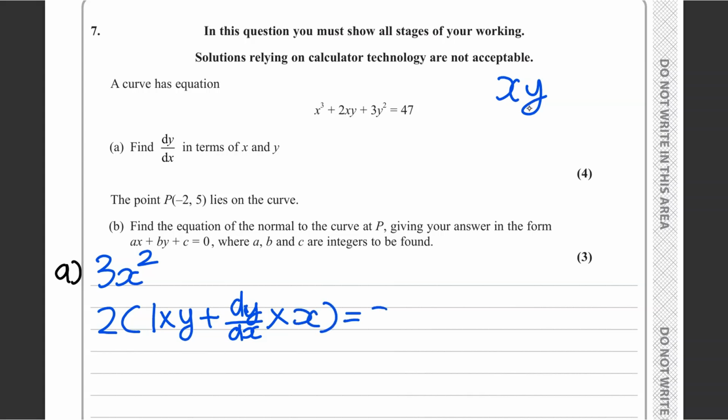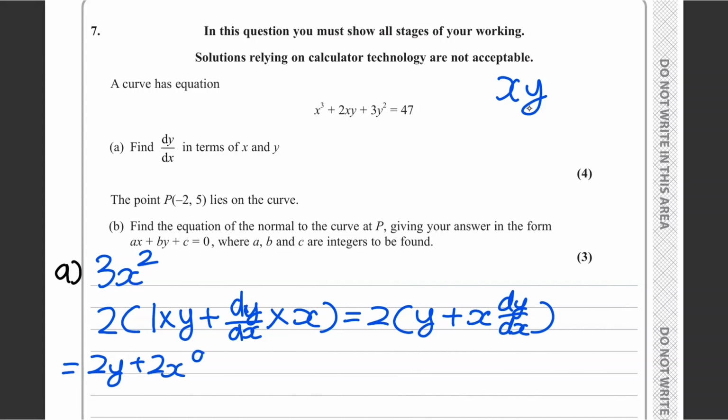So if we simplify this, it's going to be this 2 at the front, and then 1 times y is just y, and then plus x dy over dx. And if we expand the bracket, it's going to be 2y plus 2x dy over dx.